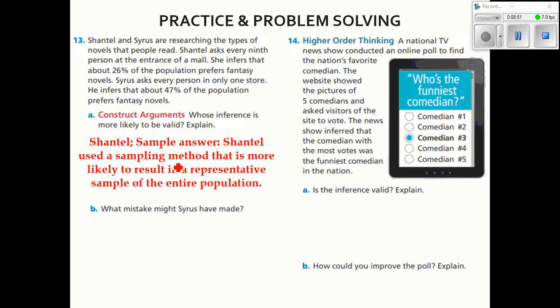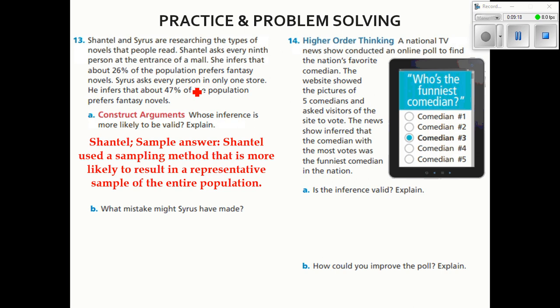Chantel used a sampling method that is more likely to result in a representative sample of the entire population. Remember, she asked people that were entering the mall. Some of those people don't even read novels at all. So this was a very impartial random survey based on the entire population, not just the population of people in a store.